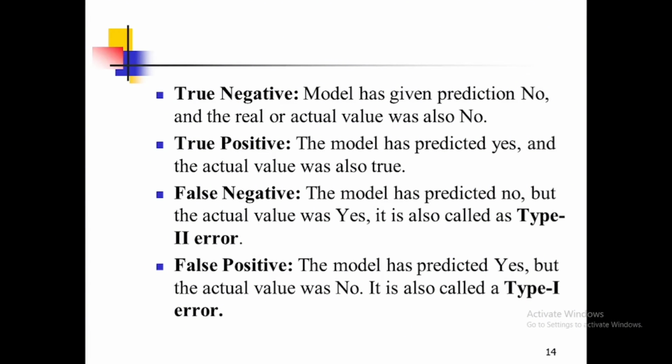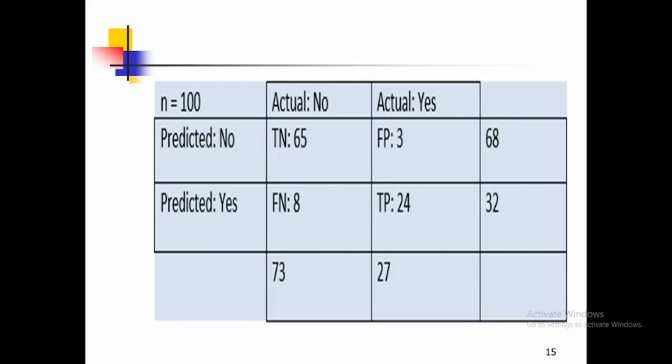According to the prediction, he is not having diabetes, but actually he is having diabetes. Then it is represented as false negative. Then what about the false positive? The model has predicted yes, but the actual value was no. The model states that the person is having diabetes, but the actual value was no. Then it is stated as type 1 error, that is false positive.